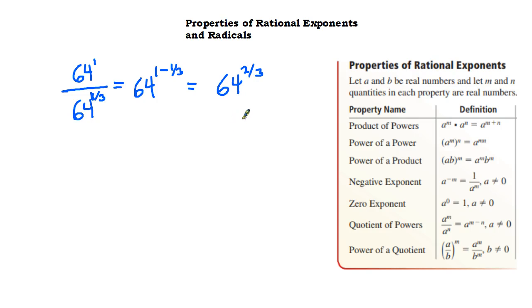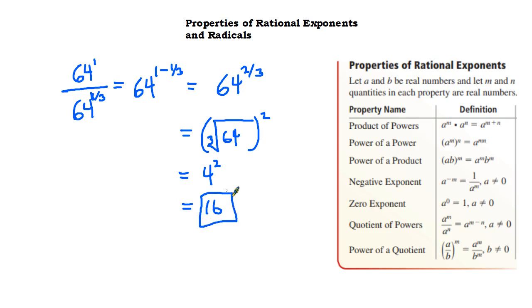Let's write it as a radical for a second. This will be the cube root of 64, and then we will raise that to the power of 2. The cube root of 64 is 4, and it's still raised to the power of 2, and finally that gets us 16.